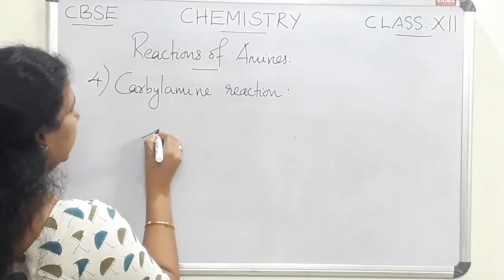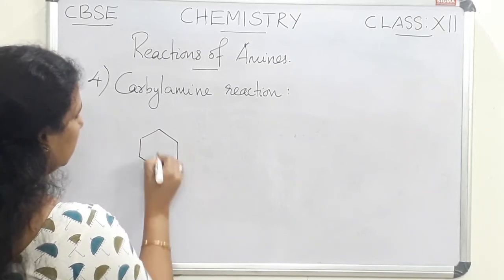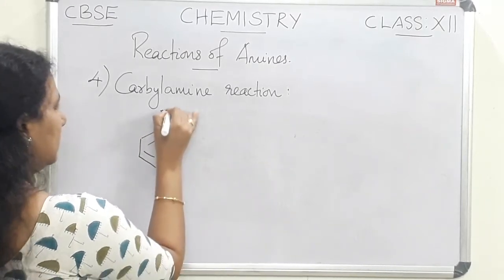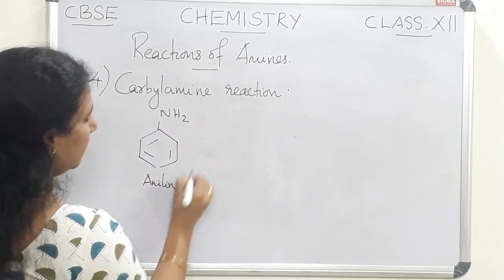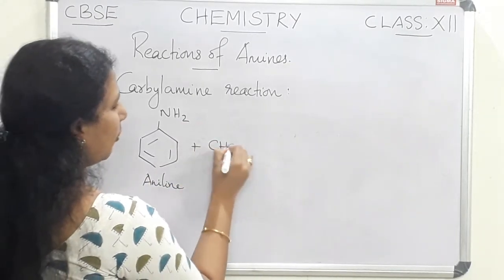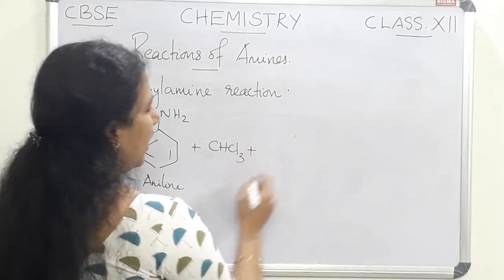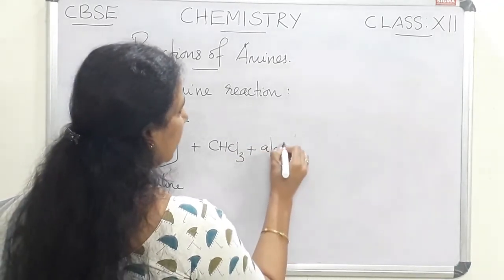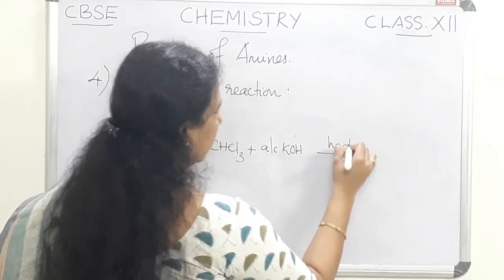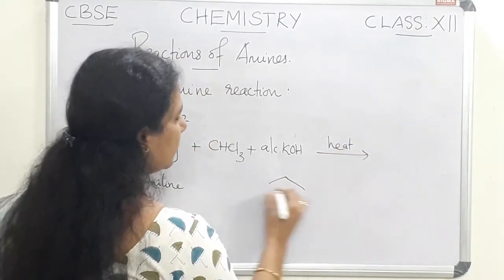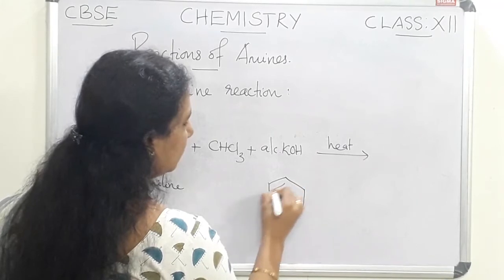In the case of aniline, if we take aniline, it reacts with chloroform, CHCl3, and alcoholic KOH. Heat is on the arrow and we will get an isocyanide or carbylamine.